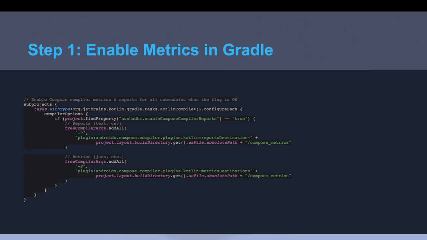Maybe in our multi-module architecture, we have multiple folders, something from the domain layer, data layer, maybe some utility library. Most of the places we need not add this code because our composable functions exist only at the feature level, maybe the UI level in your project. So in that particular submodule, we can add this code block. The example that I have shown on the screen is basically for the root level.